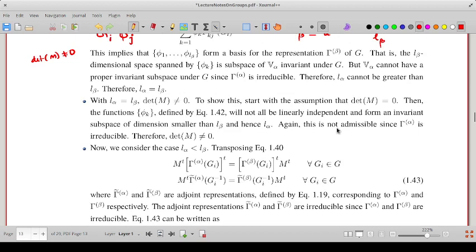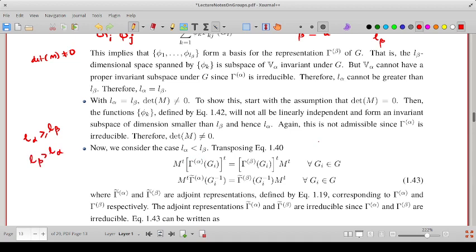So there is one more case that needs to be considered, which is what happens if L beta is greater than L alpha, because we have considered the case L alpha greater than or equal to L beta. Now what happens when L beta is greater than L alpha?